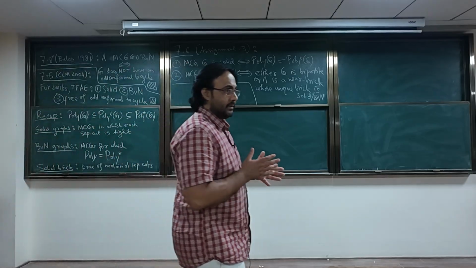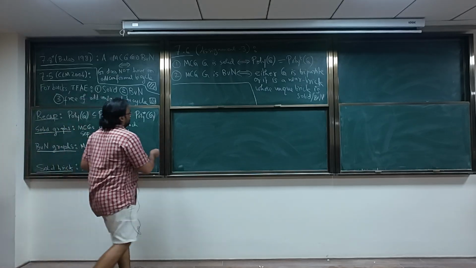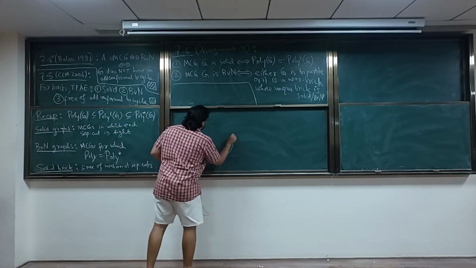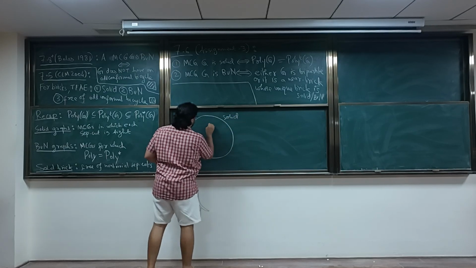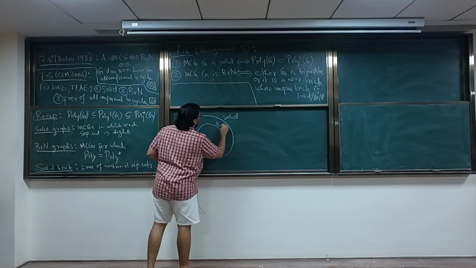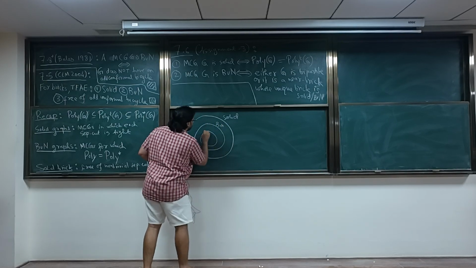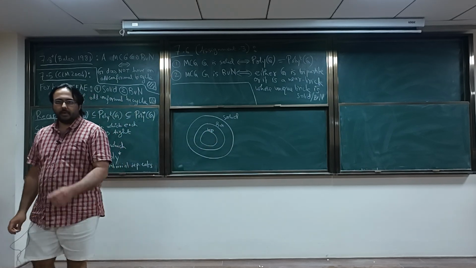Right? We proved a more general statement. So the Venn diagram in general is you have the solid graphs, inside which you have the Birkhoff von Neumann graphs, and inside that you finally have bipartite.